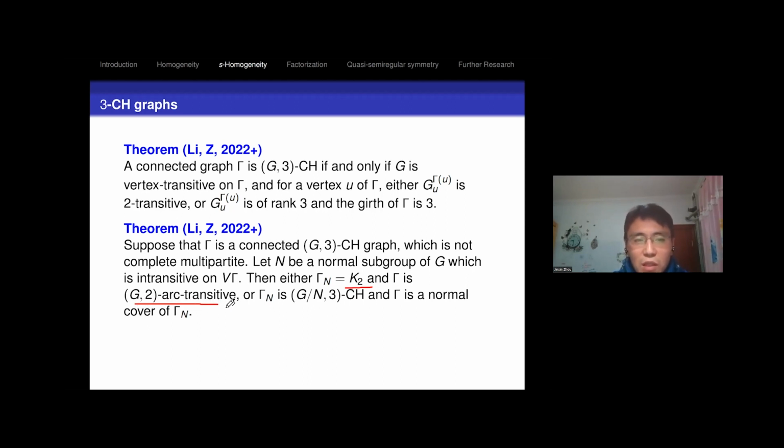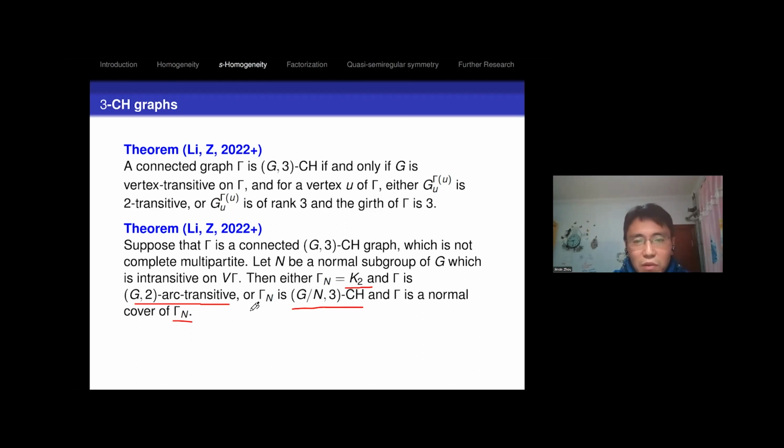In this case, gamma has girth at least 4. Or the quotient graph gamma_N is G/N-3-CH, and gamma is a normal cover of gamma_N.